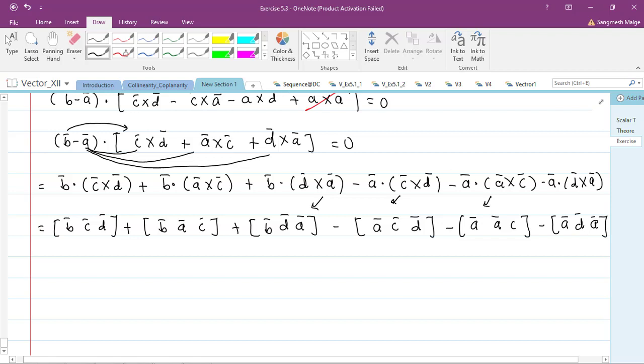Now tell me what can be cancelled out. If we have the same vectors in a box product, then that can be easily cancelled. So AAC and ADA cancel. These two are cancelled.